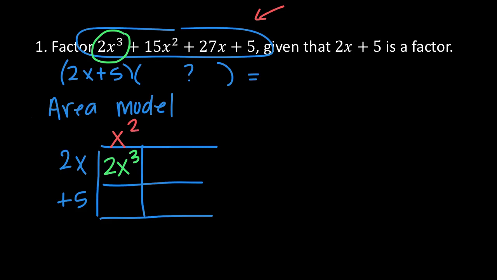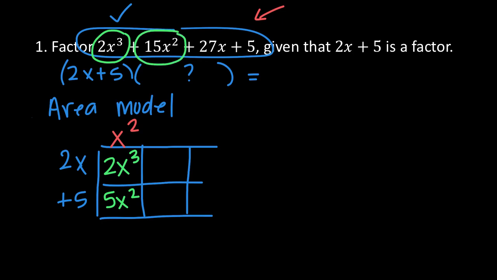So 2x times x squared, 2x cubed. And I'm going to multiply x squared times 5 and just fill in this box underneath the 2x cubed, 5x squared. Okay, I'm going to go ahead and make another column. And I've basically taken care of this 2x cubed term. And now I want to look at 15x squared.